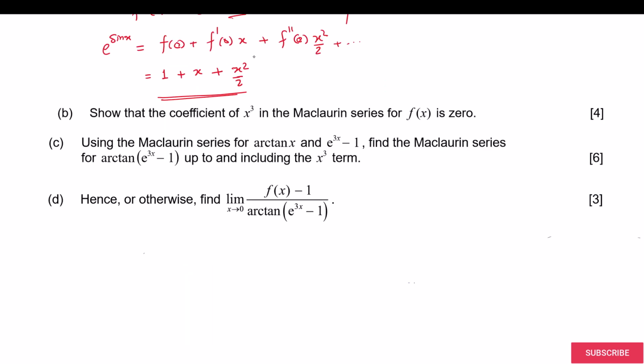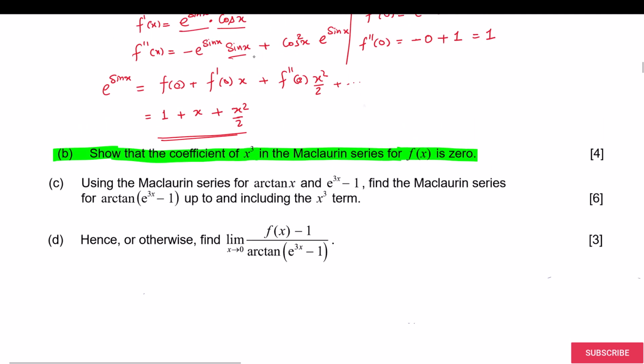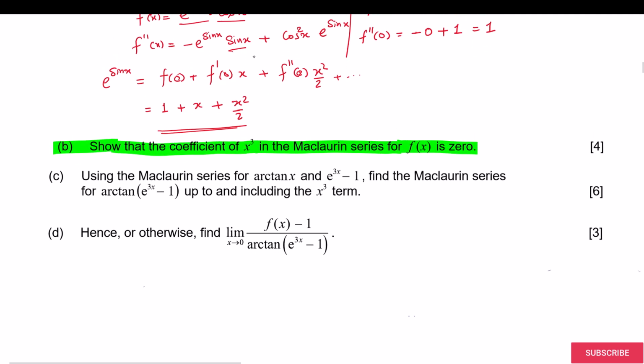So here's the b part. Show that the coefficient of x cubed in the Maclaurin series for f(x) is 0. Okay, so we need to see the double derivative first of all, because we know the x cubed coefficient will always come with the f triple dash of 0.